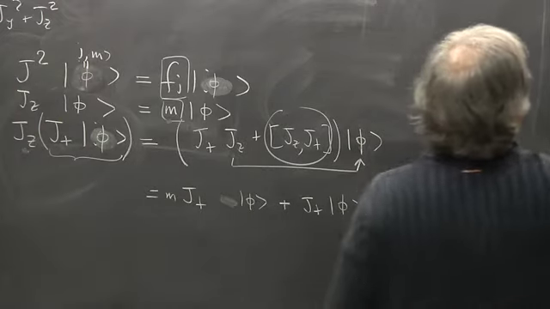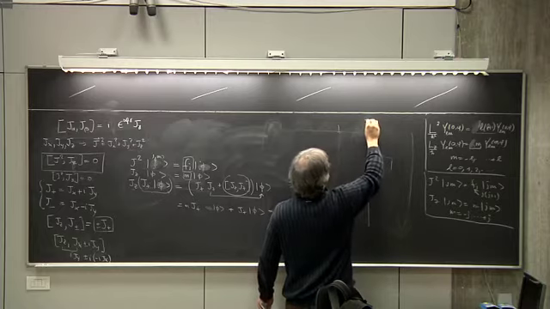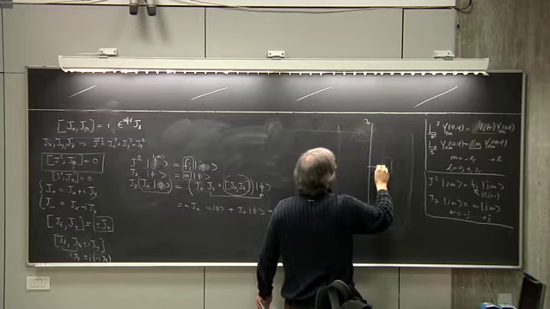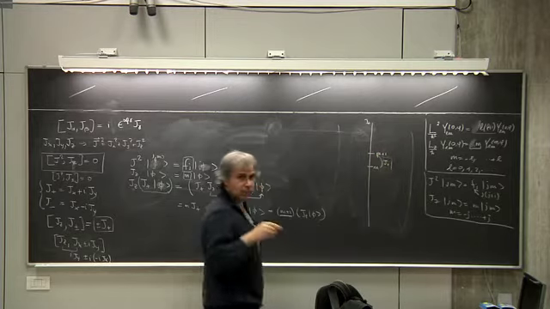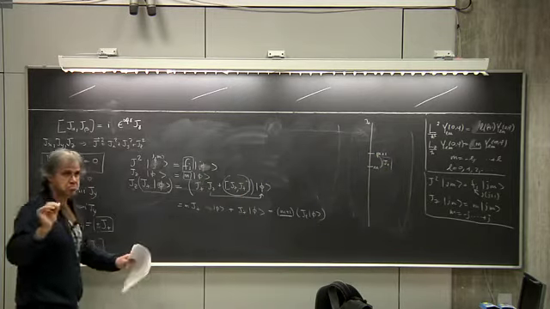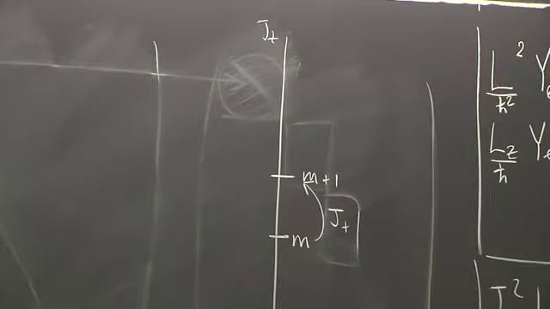Let me draw here. I had some value for Jz, say M, and with J plus, I got M plus 1. I don't know if M is an integer, by the way. I know just it's an eigenvalue, some real number. Might be pi. I know that I can form pi plus 1.